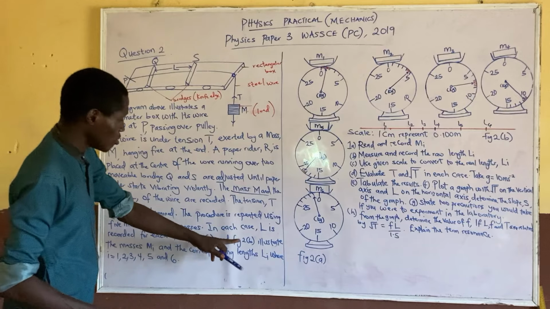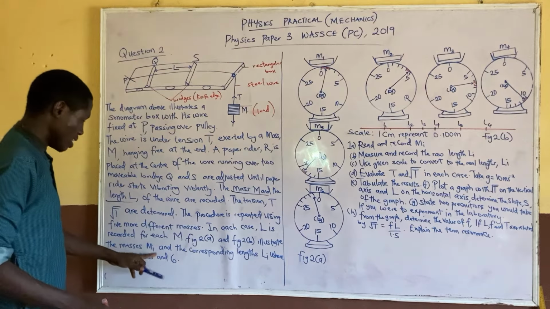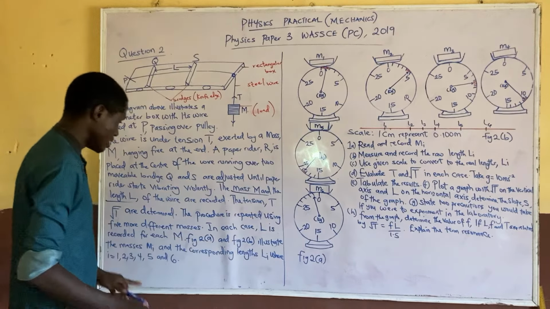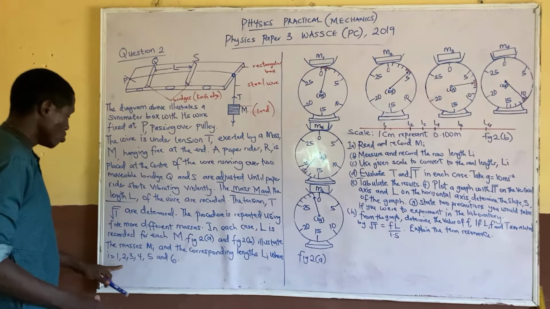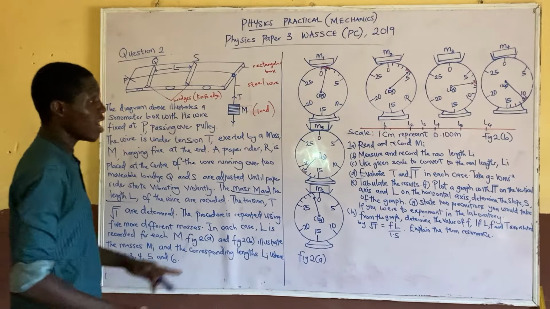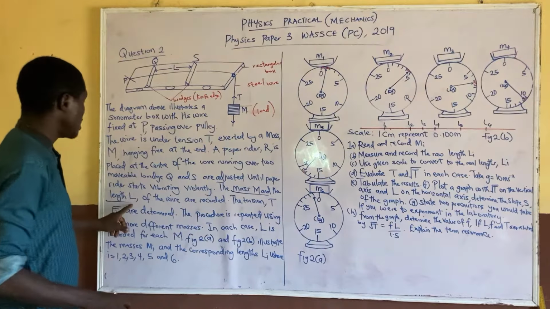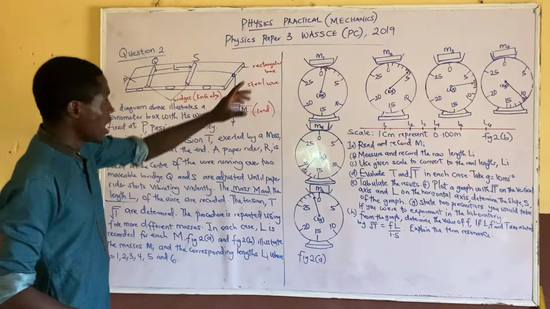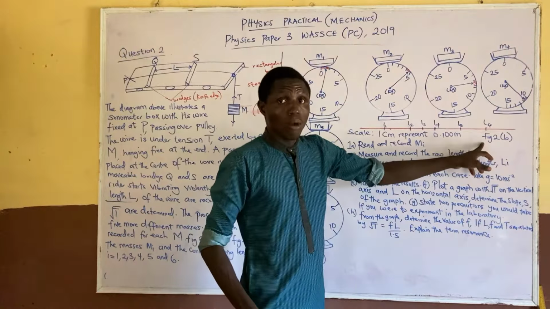Figure 2a and Figure 2b illustrate the masses Mi and the corresponding lengths Li, where i equals 1, 2, 3, 4, 5, and 6. We are told that the mass and the length of the wire are recorded, and they are given in Figure 2a and Figure 2b.